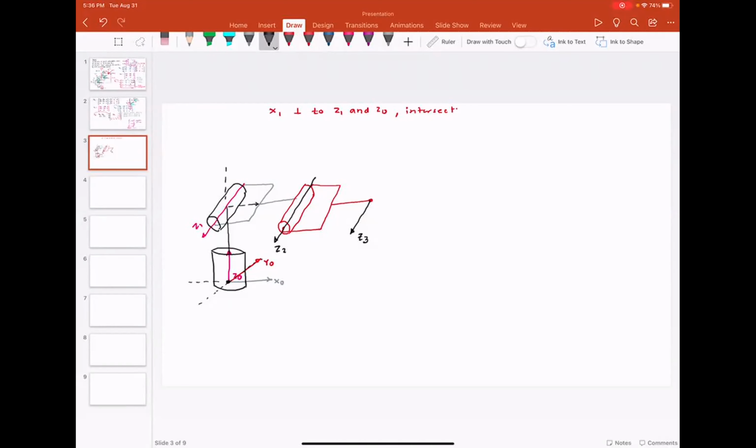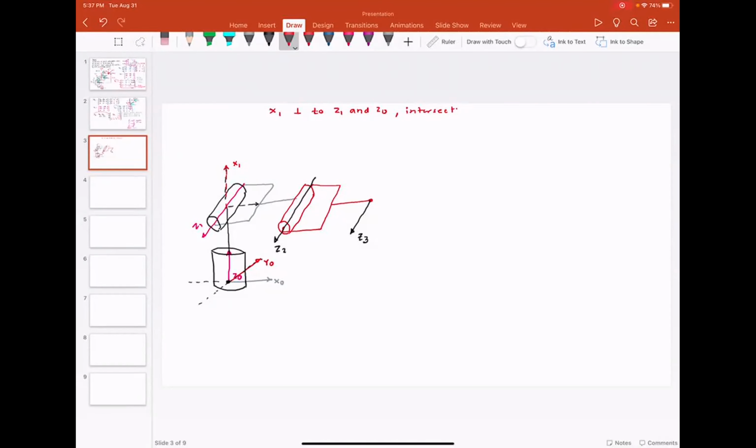I'm going to make this mistake one more time, just this once, so that you don't make that mistake. Someone may say, oh, good, I will just choose X1 like this. Though this X1 is perpendicular to Z1, which means the first part of the rule is satisfied, it is not perpendicular to Z0.